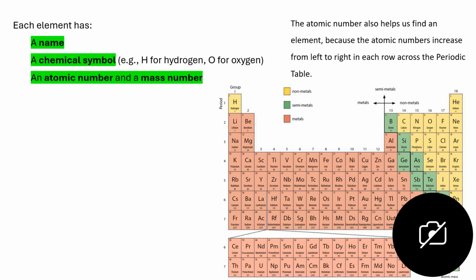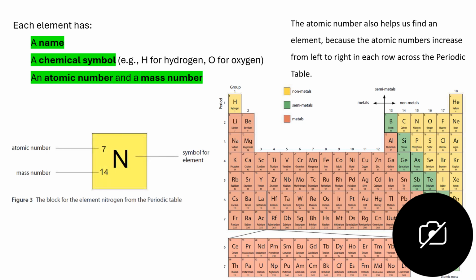Now if you look to the right, in that row you get helium, and that atomic number is 2. Then in the second row you get number 3, which is lithium, and then beryllium, which is number 4. So you can see the atomic number is at the top, the mass number is at the bottom, and then the element is at the center.